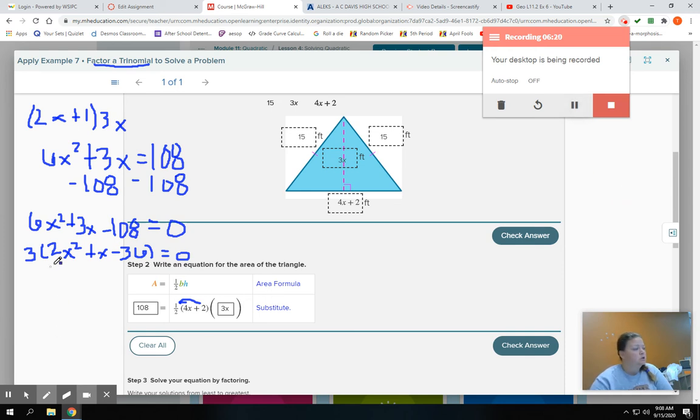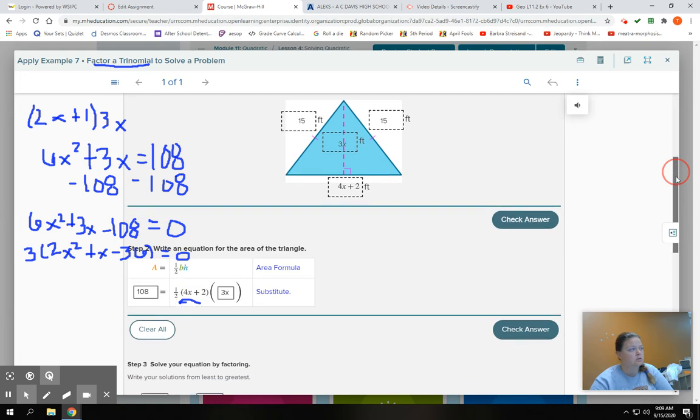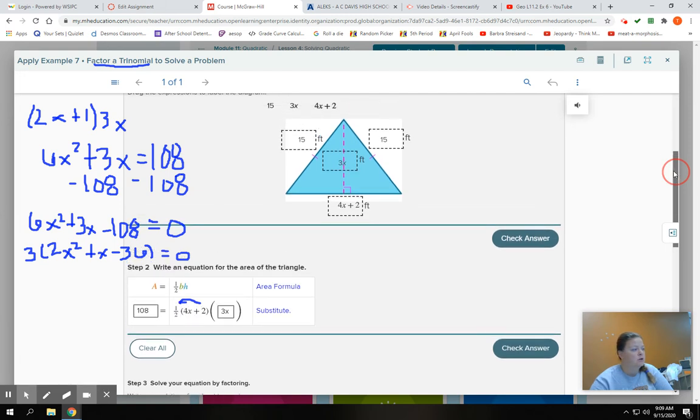Okay, so if you remember from factoring by grouping, we can take our 2x squared plus x minus 36, and we can break that up into two different little things here.